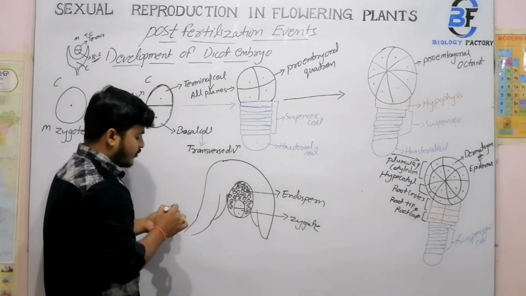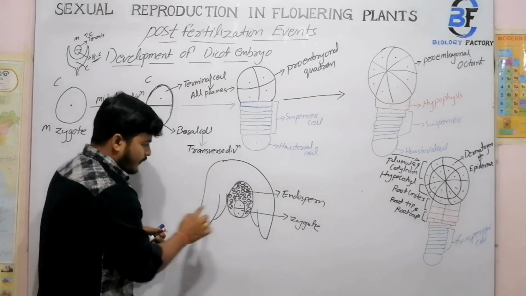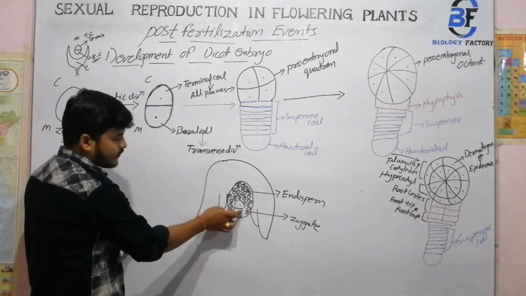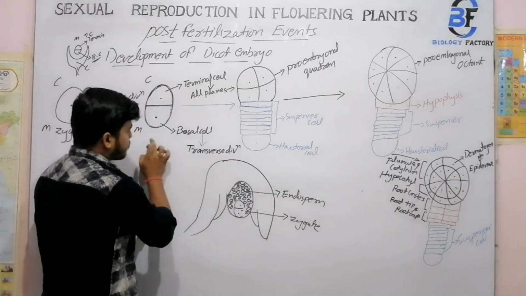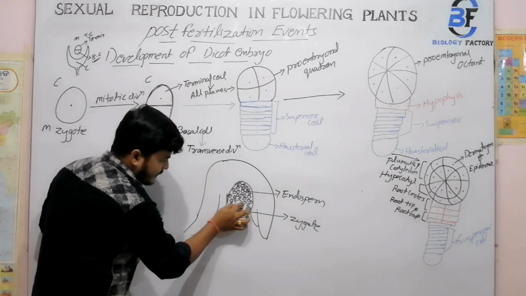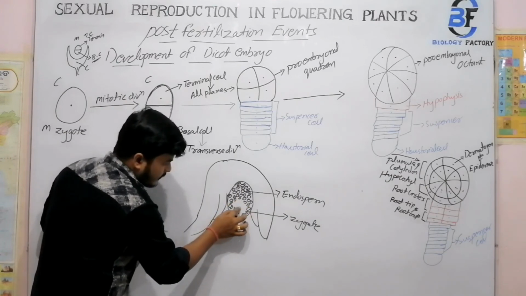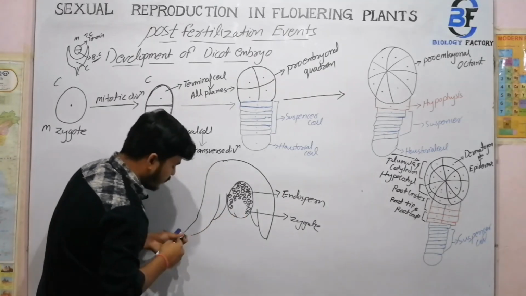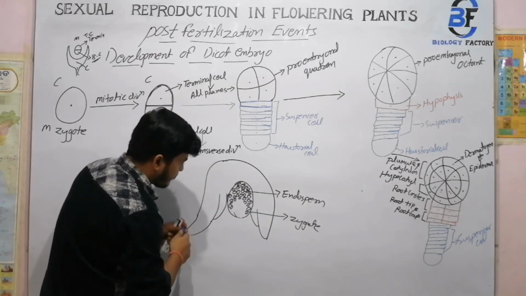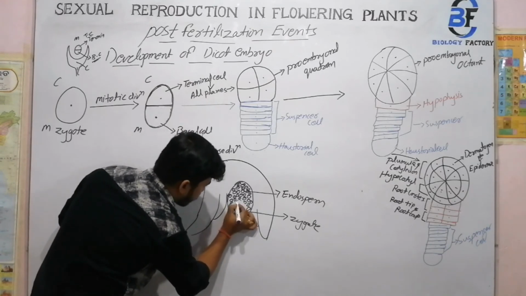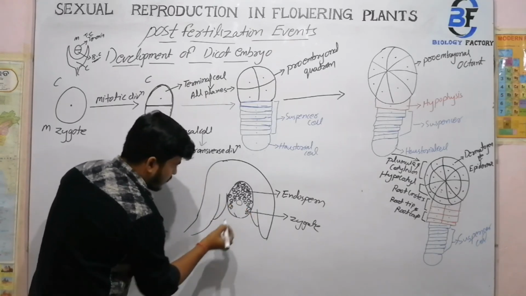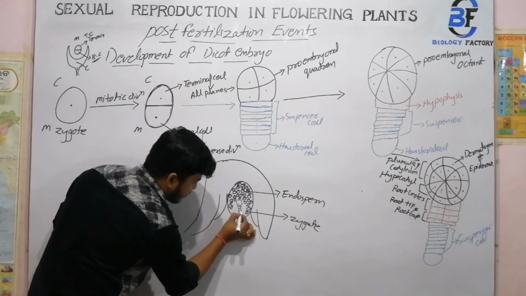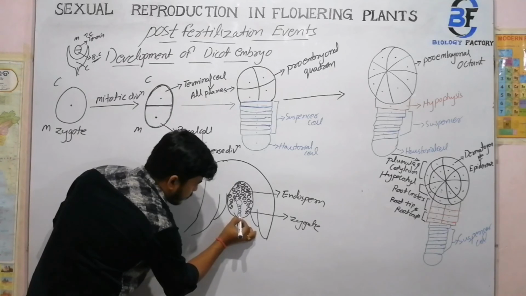Next, what is the role of your suspensor cell? If we change the diagram, it is the stage of mitotic division. After the mitotic division, we change it to the third stage. In the third stage, what happens? The development of your suspensor takes place. If we draw a globular structure, next the suspensor cells and the haustorium.